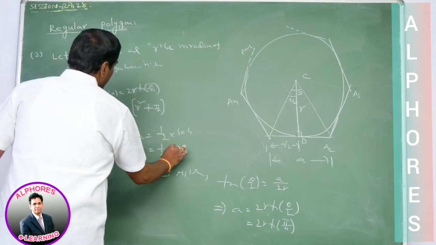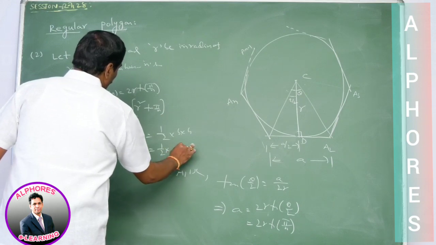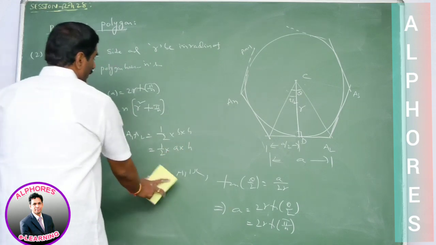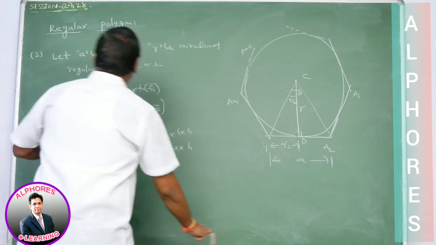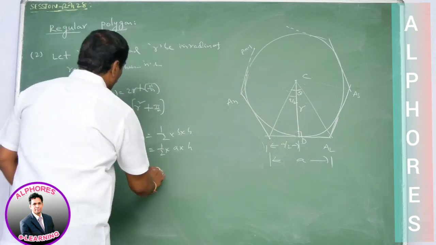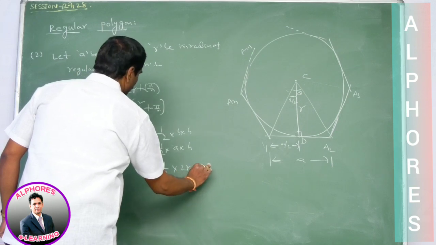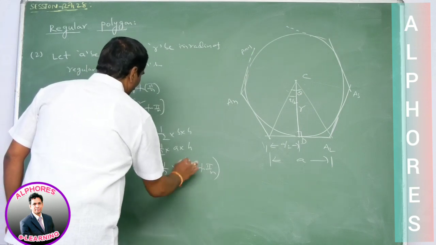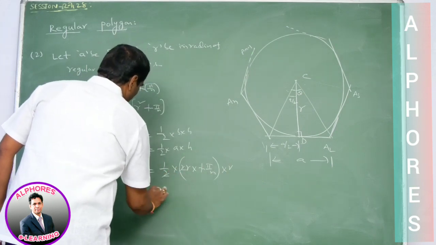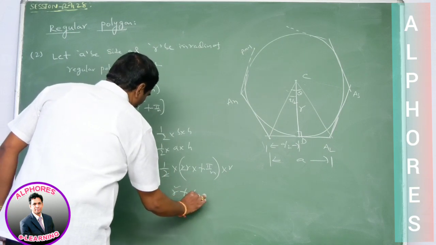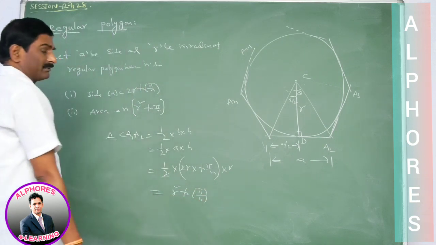Base means A1A2, that means a, into height. Height is nothing but r. Already we found the side a. So it is half into 2r into tan pi by n into h, which is r. 2 cancels, r square into tan pi by n. It is one triangle area.